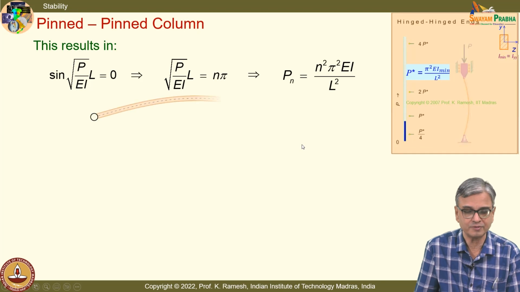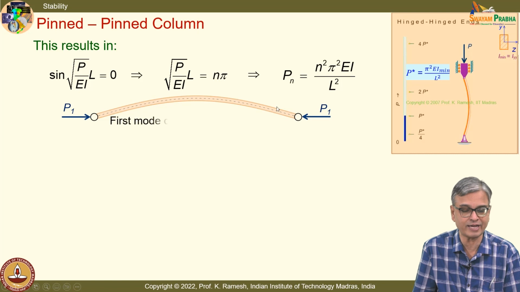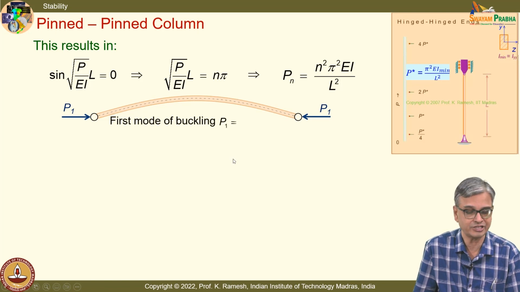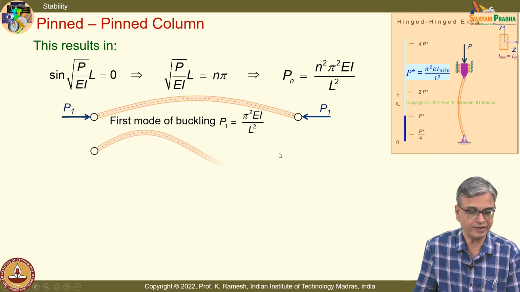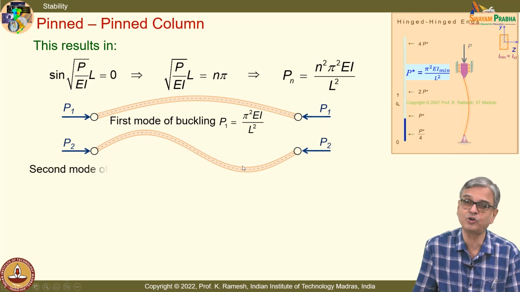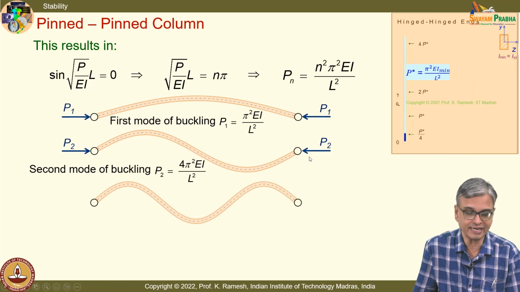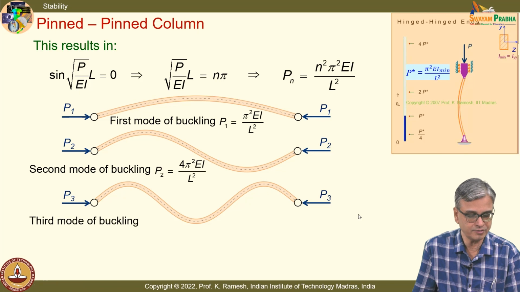And when I have n greater than 1... when n is 1, you have this simple shape, the first mode of buckling. I have this as pi squared EI by L squared, and when I have n equal to 2, I get the second mode, and P2 is 4 pi squared EI by L squared, and when I have n equal to 3, I have the third mode.